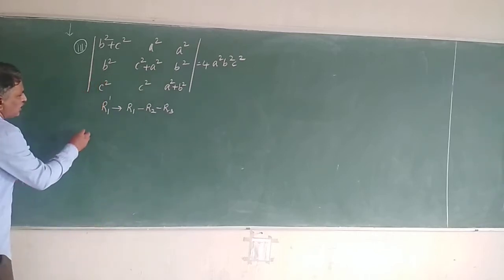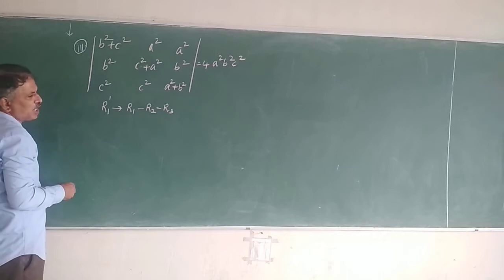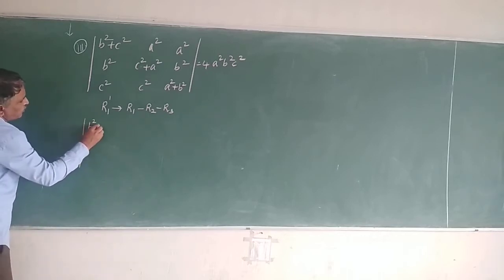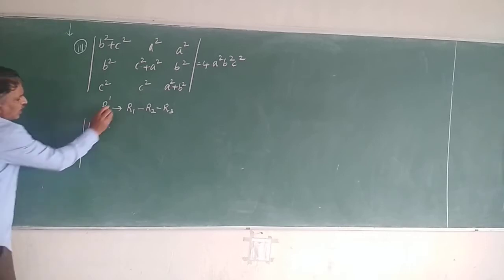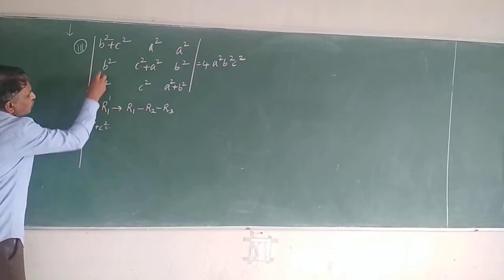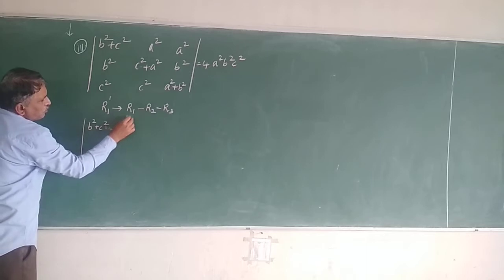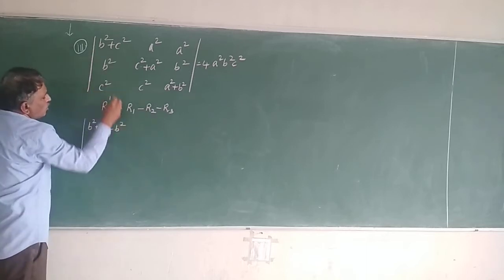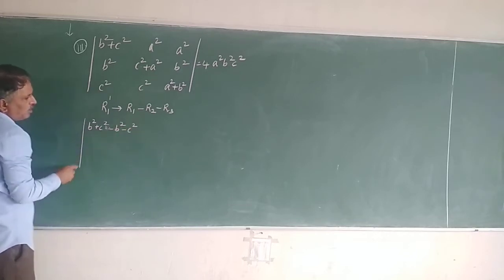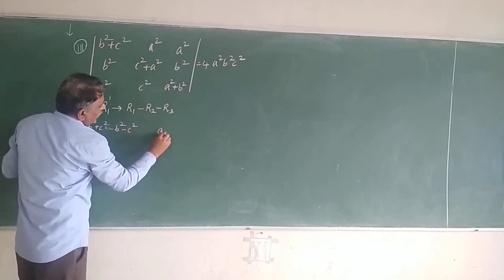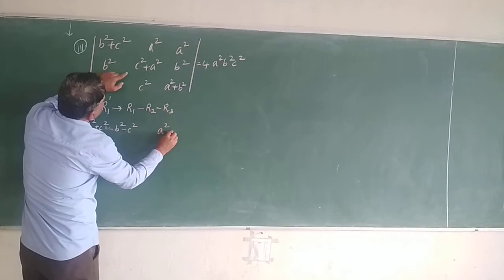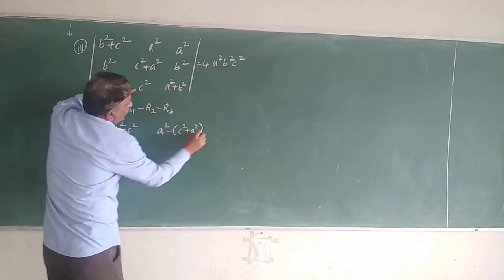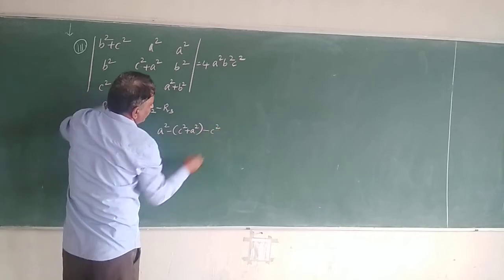So I will change R1 to R1 minus R2 minus R3. What is R1? We have B square plus C square. This I am changing with minus B square, because R1 is changing with R1 minus R2 minus R3. First row: A square minus of C square plus A square minus of C square.